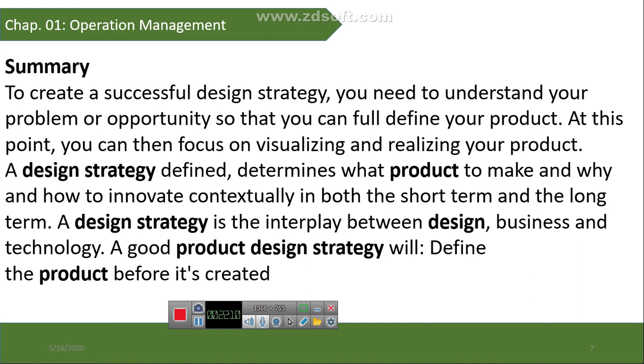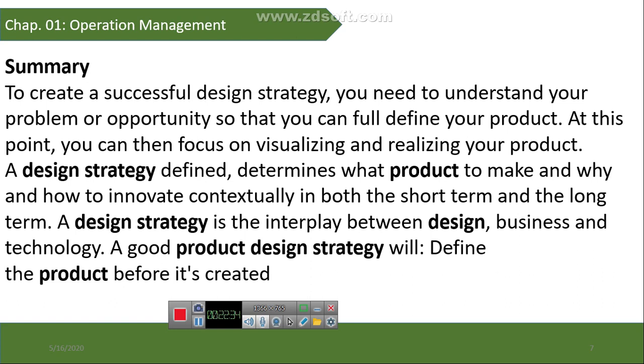Summary: to create a successful design strategy, you need to understand your problem or opportunity. Once you define and understand the problem and opportunity, then you can fully define your product. At this point, you can thus focus on visualizing and realizing your product.